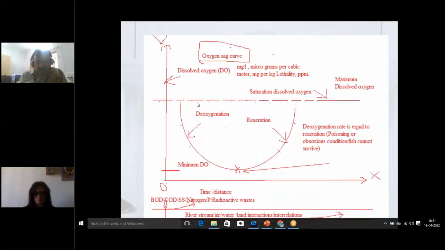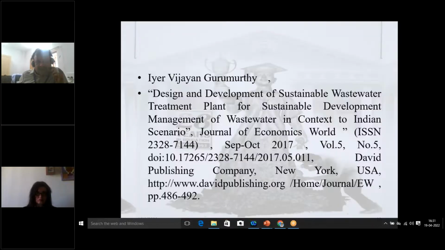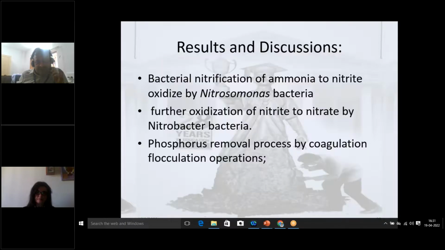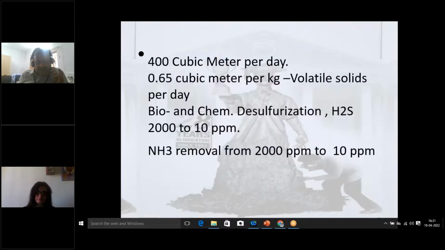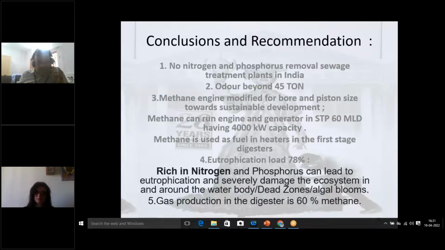So dissolved oxygen is considerably reduced, and due to the algal blooms, this is a big problem. This is the oxygen sag phenomenon shown in this particular slide.